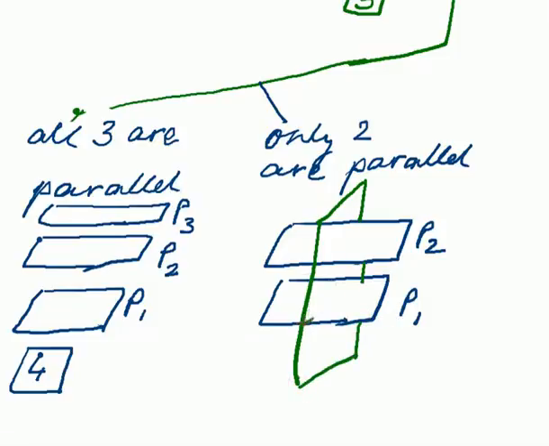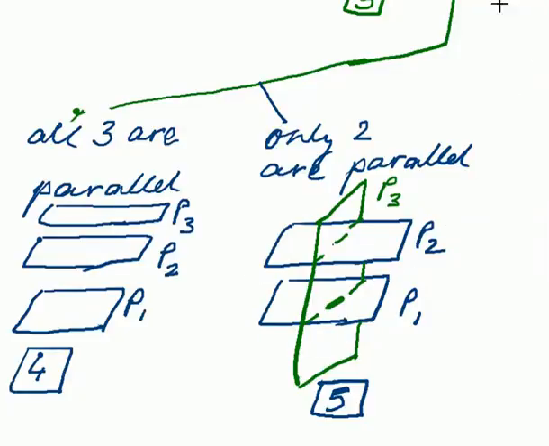The third plane intersects P1 and P2. This is the fifth situation. So these are the 5 scenarios.